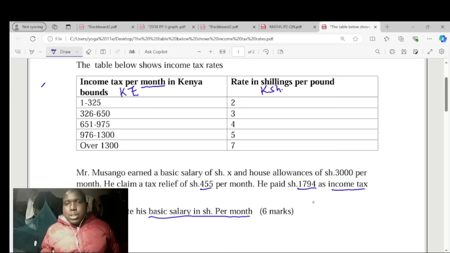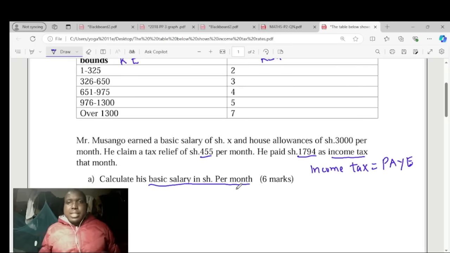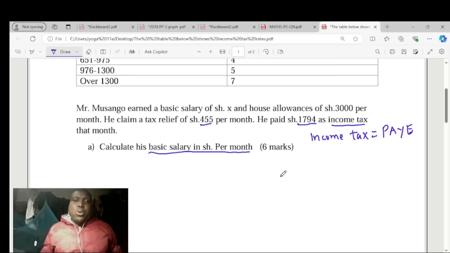I want to let you know that income tax is equal to pay as you earn. Is equal to pay. You need to be aware of that. So now we start here. We have been given taxable income. We have been given income tax, ama pay. But how do we get pay?